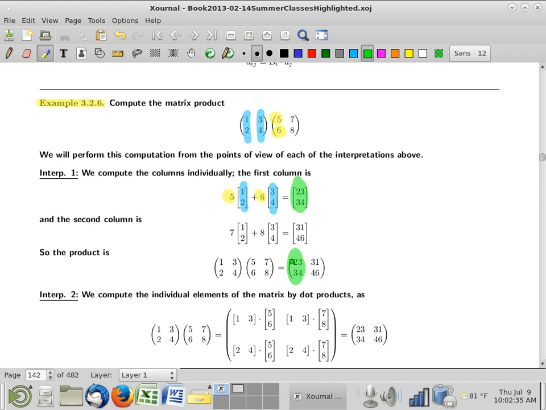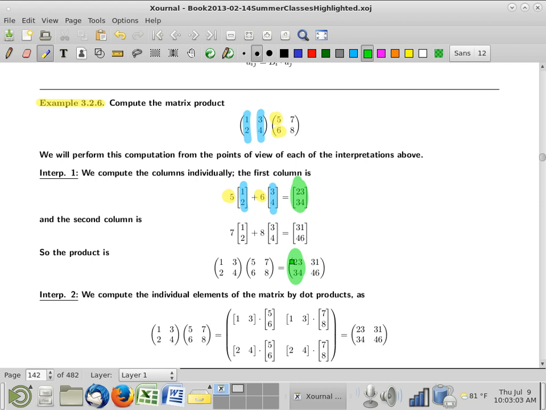Said differently, the number of columns of the left matrix has to equal the number of rows of the right matrix. There are different ways to think about this requirement. That's a great question, by the way. For the moment, since this is the only formula we have for the product, I'm going to motivate it like this: the number of coefficients and the number of vectors in a linear combination have to fit together.